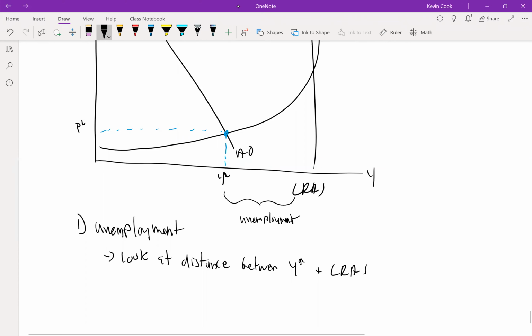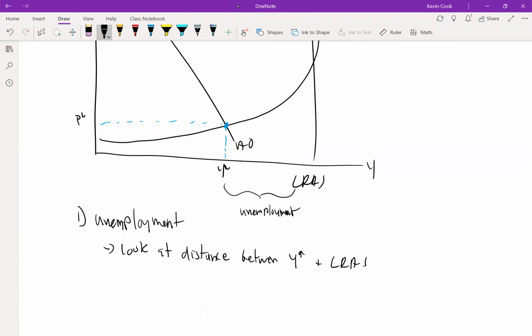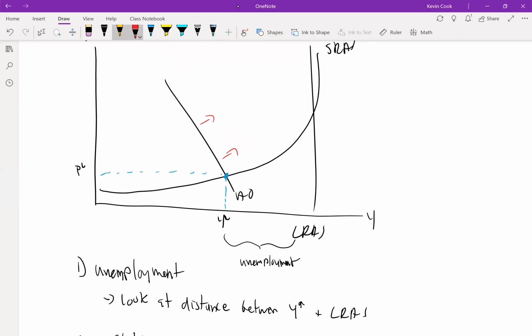The second thing we can tell from this is our inflation. Suppose we have a boom, and this increases our aggregate demand up a little bit. If we have this boom, our equilibrium moves up here. So now we have a new price level and a new output.